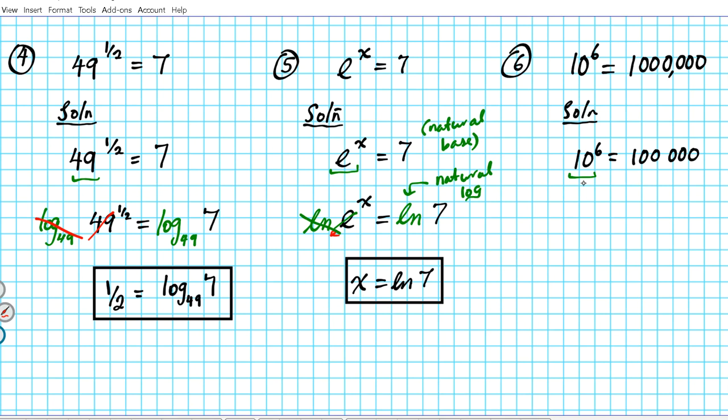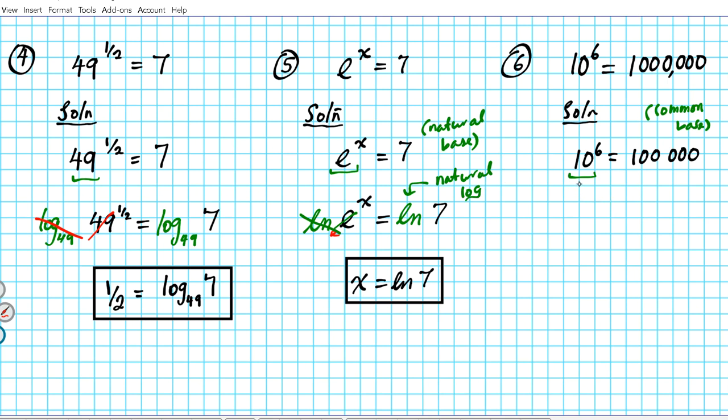For number 6, guess what? Base 10 has a special name. This is your common base scenario, common because we're working in base 10. So the two special logs to keep in mind are base e, the natural base, and base 10, the common base.